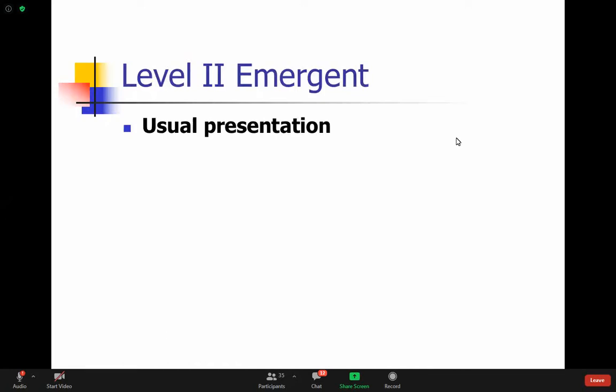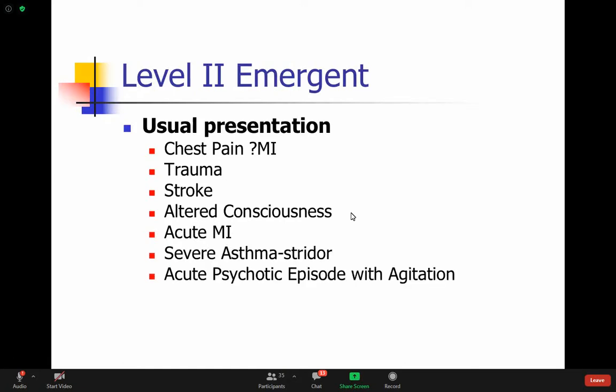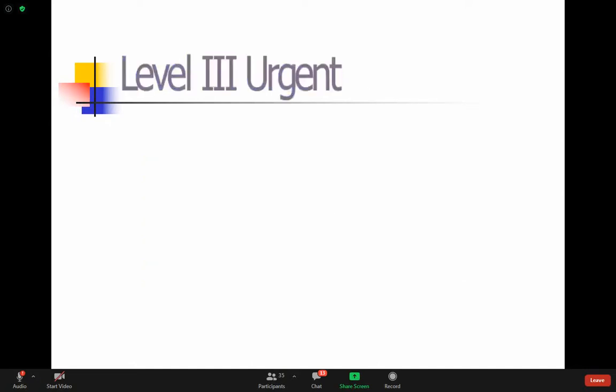Abnormal vital signs. Chest pain, such as MI, diarrhea I would add with dehydration or abnormal vital signs. Trauma, stroke, altered level of consciousness, acute myocardial infarction, severe asthma, stridor, acute psychotic episode with agitation. So those were the level 2. So what about level 3? What are some of the example presentations?